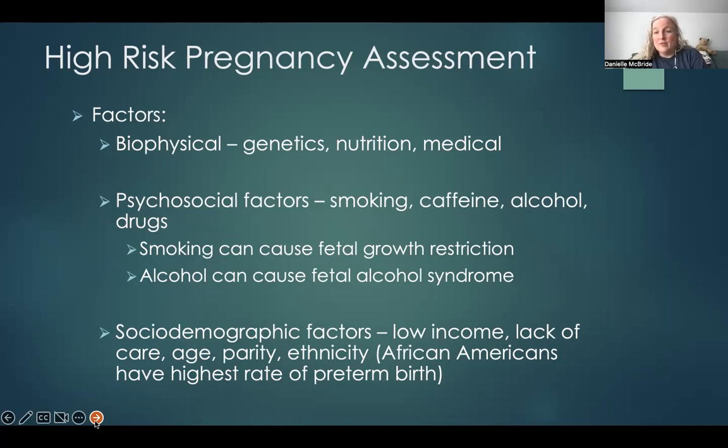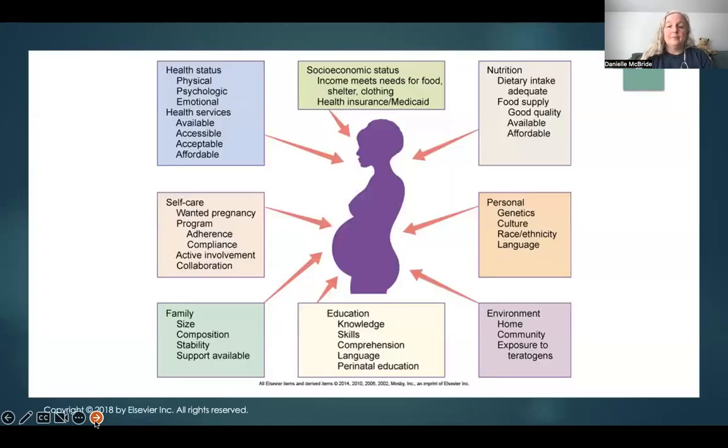For example, with all of the things we looked at for African Americans and the risk factors in pregnancy, they also have the highest rate of preterm birth. So that can play a role, and certain things can make women fall into a high-risk category like that. And so here's an idea of all of those different things.